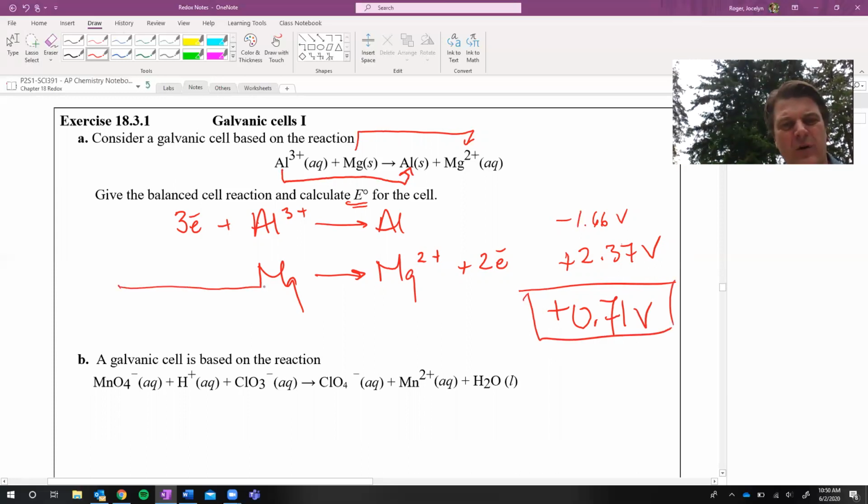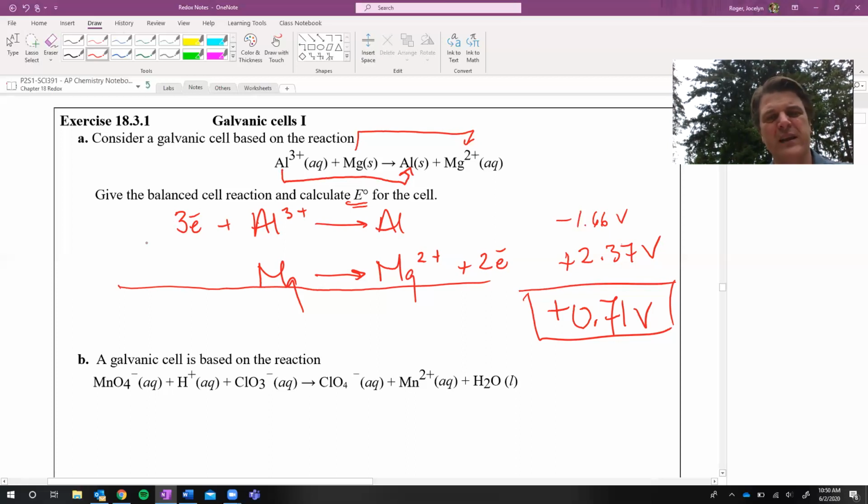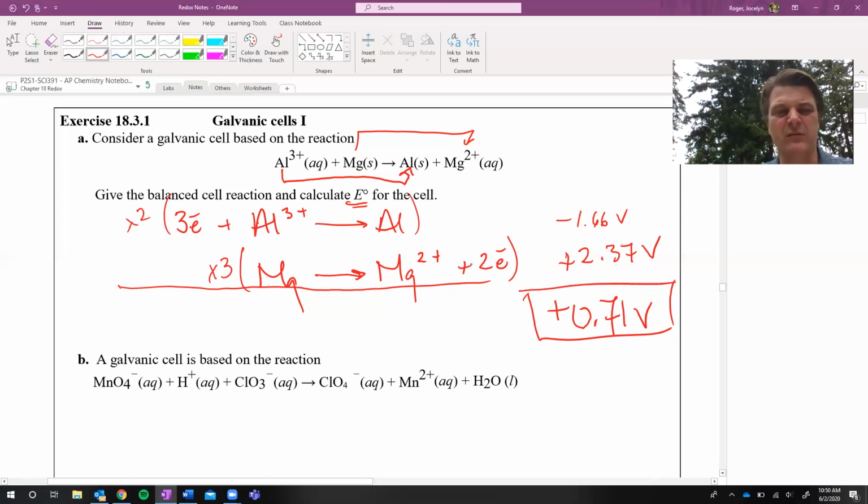And they want the balanced equation, which means that we have to make sure that the electrons that are being gained are equal to the electrons that are being lost. So that means that we're going to have to multiply by 3 and multiply by 2. And that way, 6 electrons will be gained in the reduction, and 6 electrons will be lost at the oxidation.